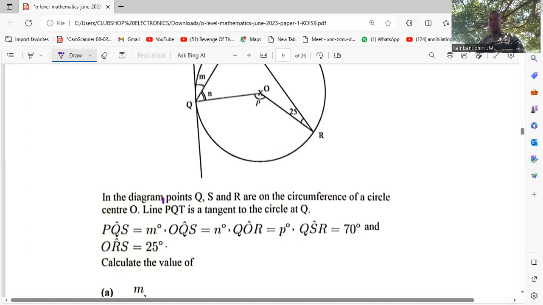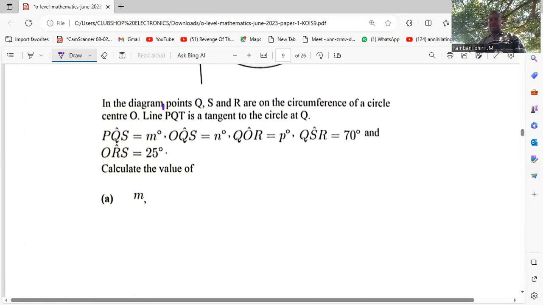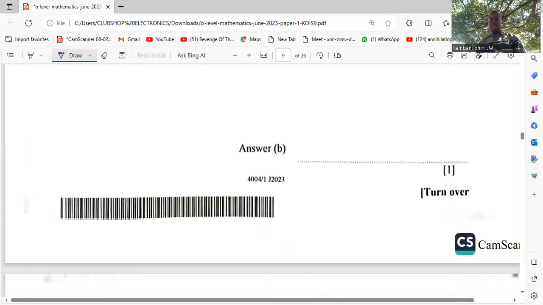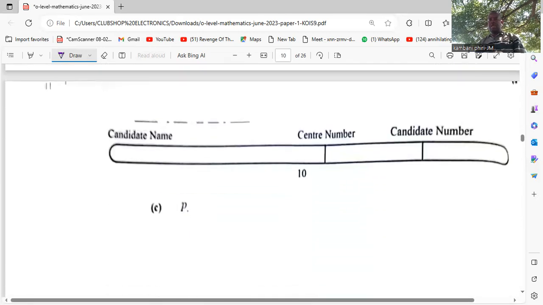Then let's find the value of M, find the value of N, find the value of P. It doesn't matter which one we start with.